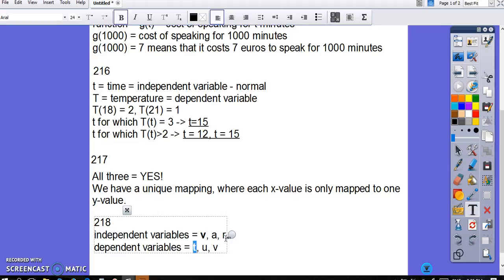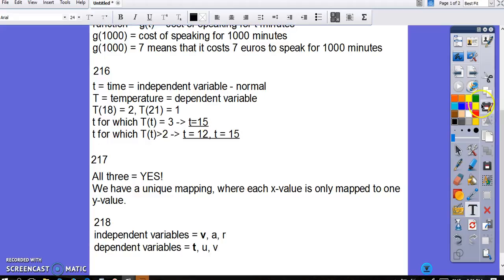And I said that normally t would be the independent variable and the velocity or speed v would be the dependent variable. However, that might be normal, but doesn't happen all the time. So t can be the dependent variable, but this one here is a special case. So you have the one that you put in, the independent variable, these three, and this is what you then get out, or what's assigned to each one of those.